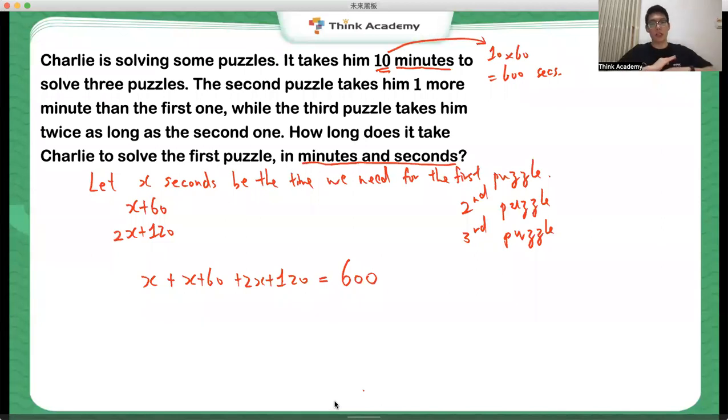Now, I just solve this equation, which means I can operate the numbers 60 and 120, adding up to 180. I can add up all the x, x, 2x, x, altogether, that's going to be 4x.